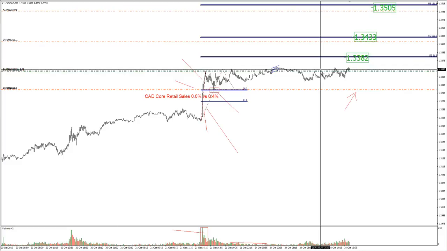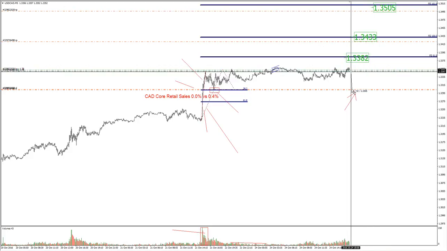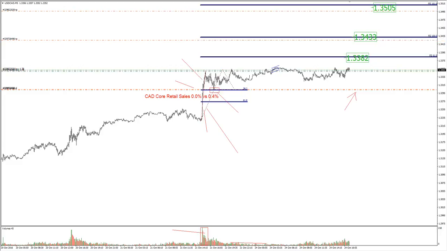I'm aiming for a minimum of, for example, a 1-1 ratio, but here I'm going for about a 1-2 ratio. In this particular setup, I'm risking like 40, and then going for a potential 150 pips, almost a 1-4 ratio. So this is my plan, right?